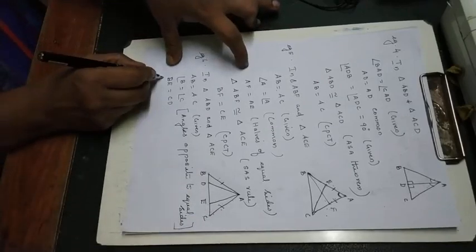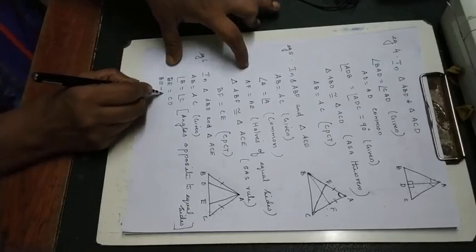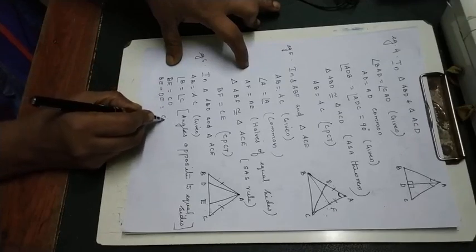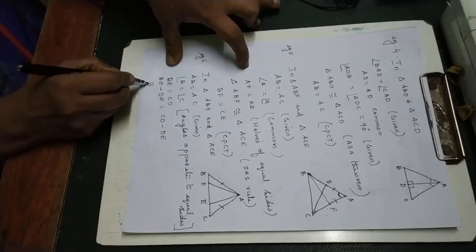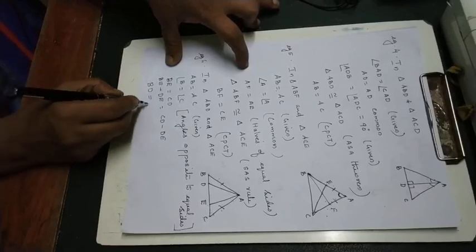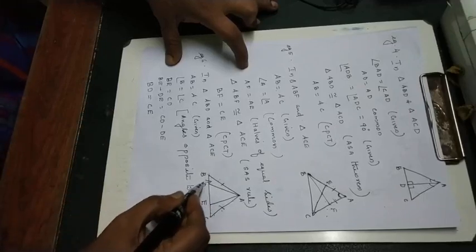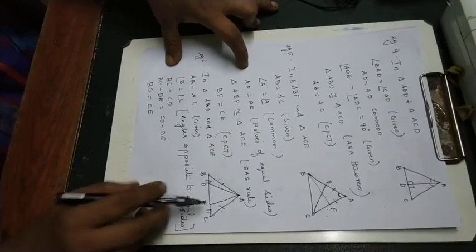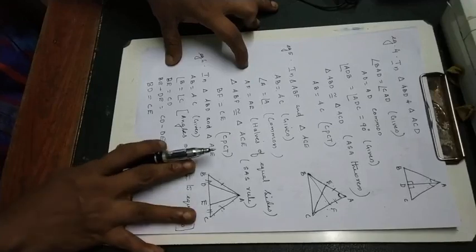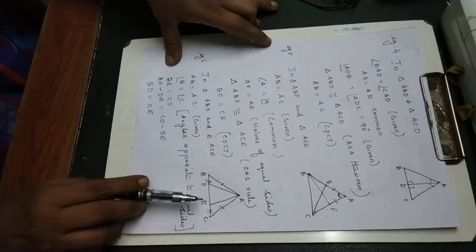Okay, so BE minus DE is same as CD minus DE. That means BD will be equal to CE. Actually BE is equal to CD. The same DE is subtracted from both. So remaining part BD will be equal to CE.